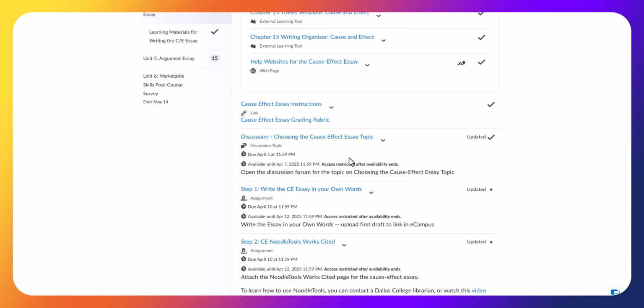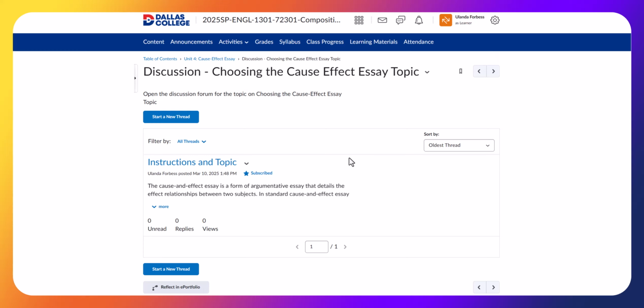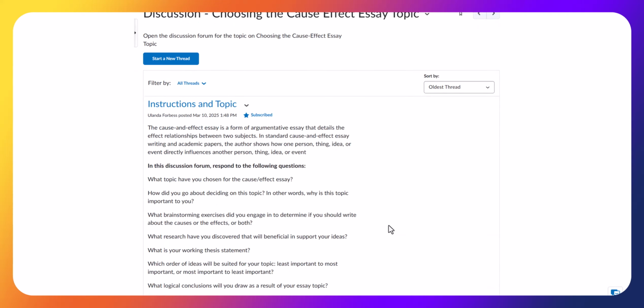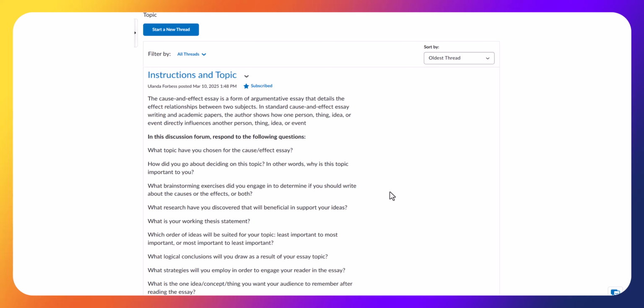So when you're looking at your discussion, which is the first real writing assignment that you do on this, you want to make sure that you have chosen a topic that has some argumentation to it.